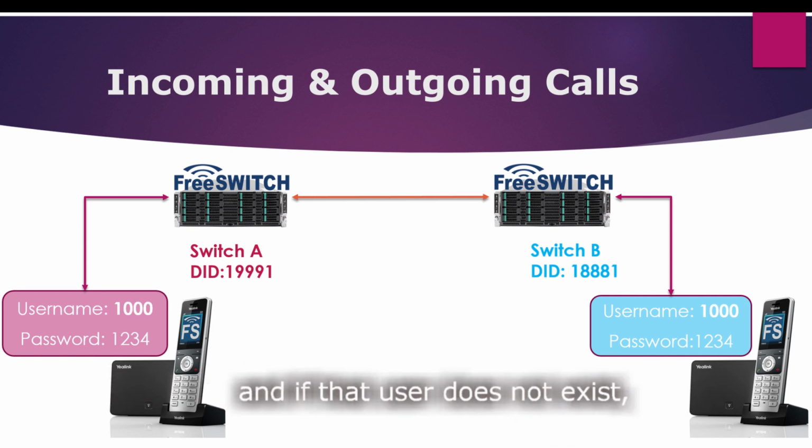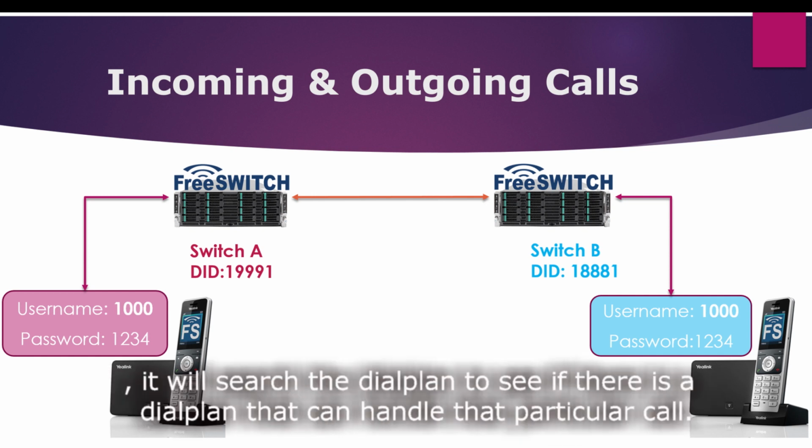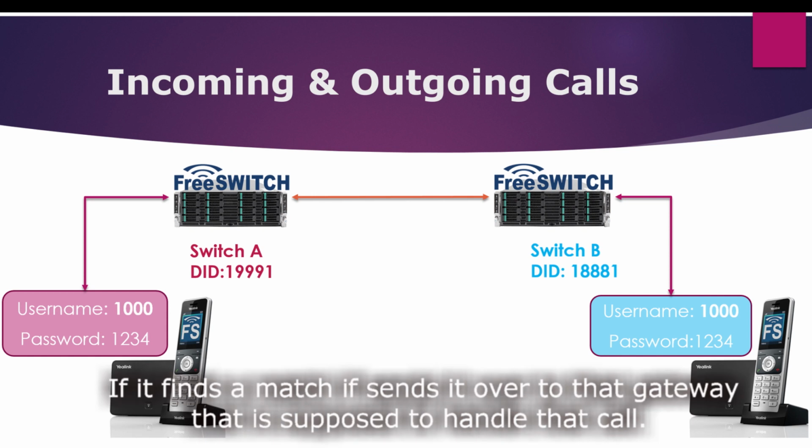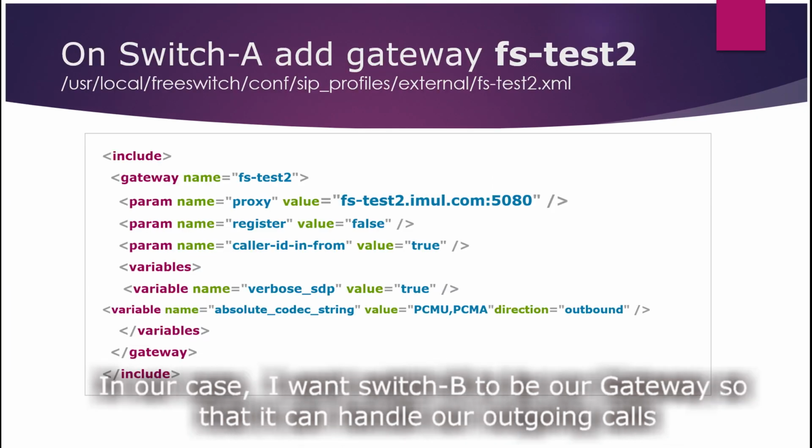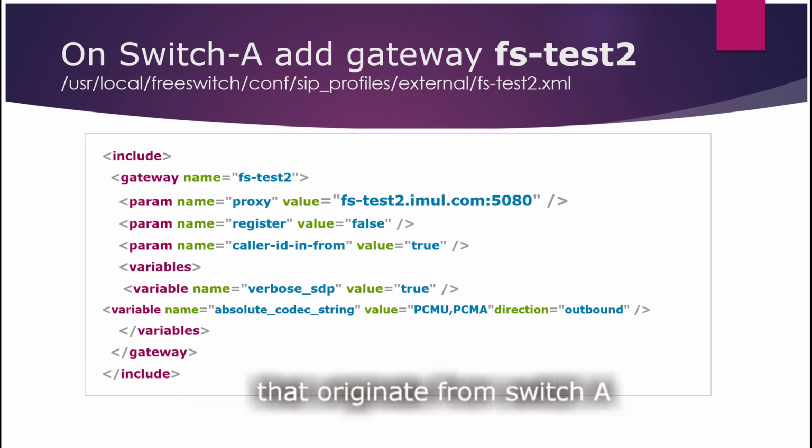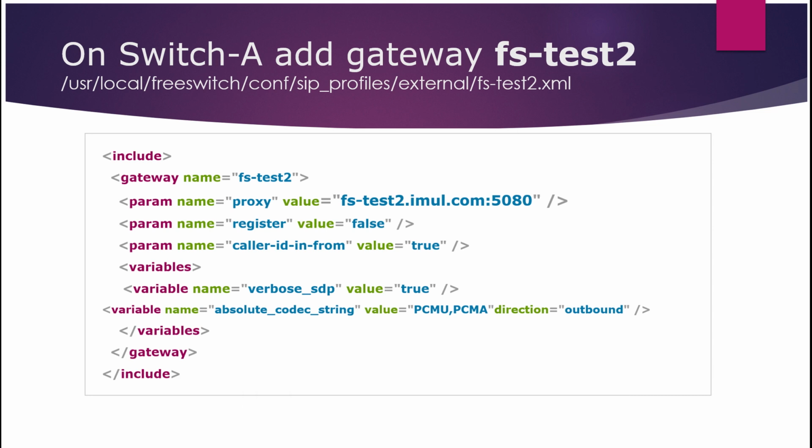And if that user doesn't exist, it will actually check the SIP profiles to see if there is a dial plan that can handle that particular number you're trying to call. And if it finds a match, it sends it over to that gateway that is supposed to be handling that call. In our case, I want switch B to be our gateway so that it can handle our outgoing calls that originate from switch A.